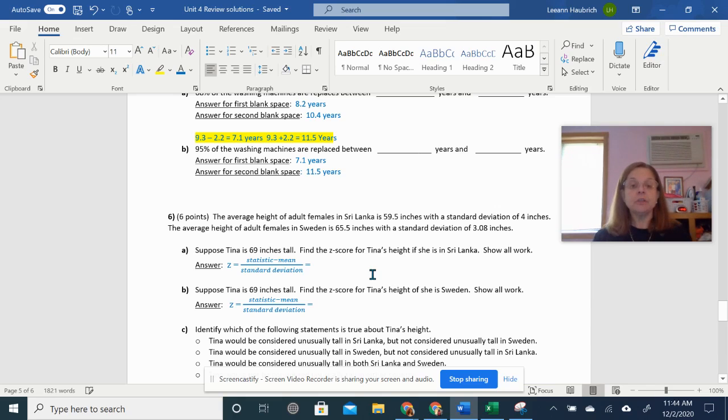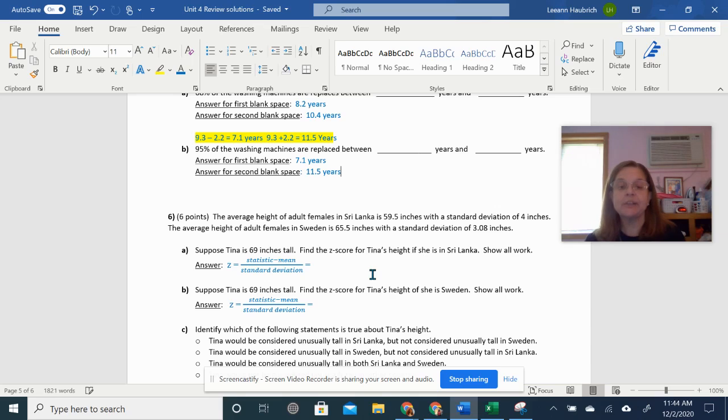Okay, the average height of adult females in Sri Lanka is 59.5 inches. That's just under 5 feet, with a standard deviation of 4 inches. The average height of adult females in Sweden is 65.5 inches. So that's 5 feet, 5.5 inches, with a standard deviation of 3.08.